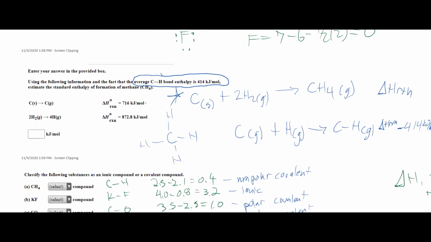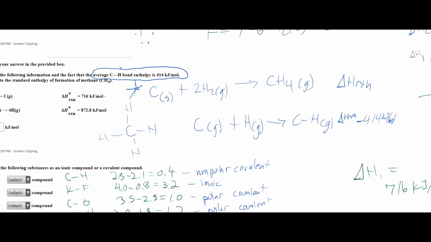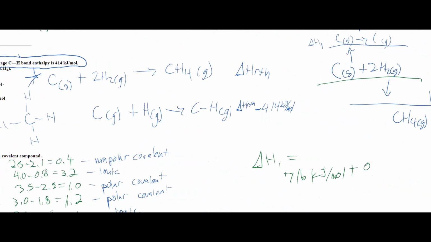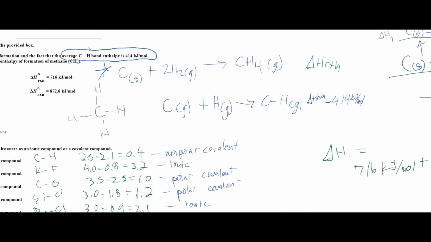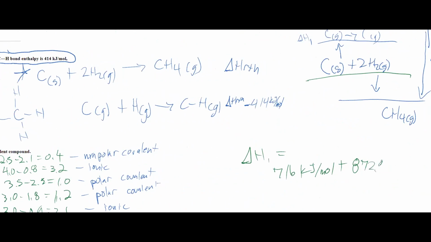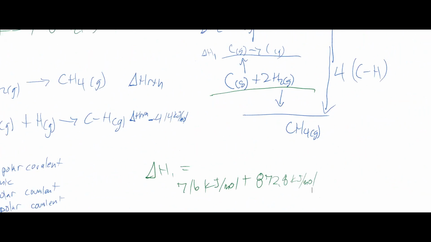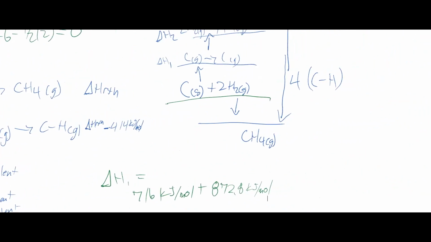From there, we're taking that hydrogen and turning it into hydrogen as a gas, so that's my 872.8. And then I'm going to do that carbon to hydrogen bond 4 times. So I'm going to add my 4 carbon to hydrogen bonds, and each one of those is negative 414 kilojoules per mole.